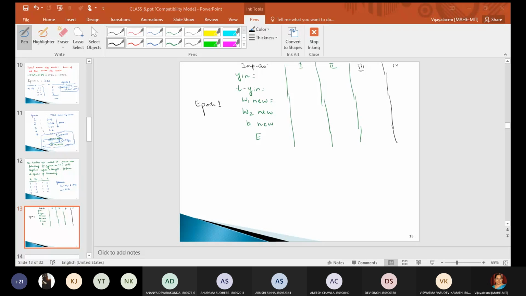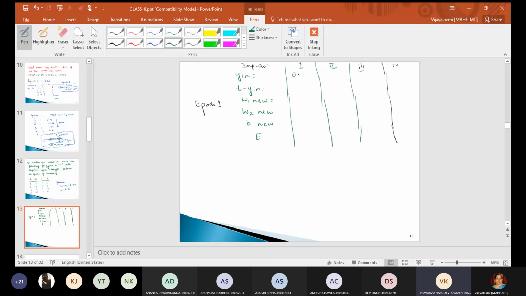Can anybody tell the answers? Vishwatma? I'm calculating. At least for the first input, if you have done it, tell me. First input, Y in, can you tell? Y is 0.6, right?